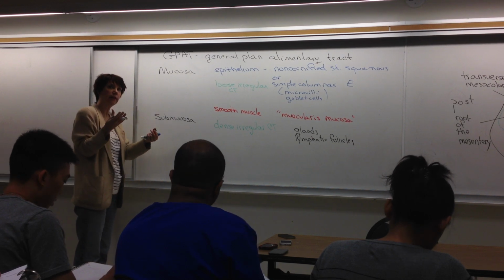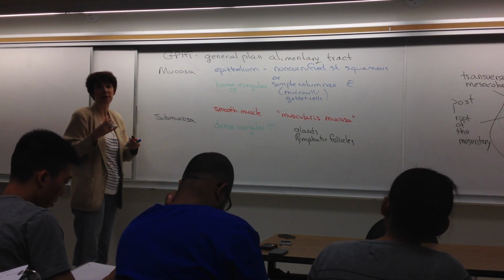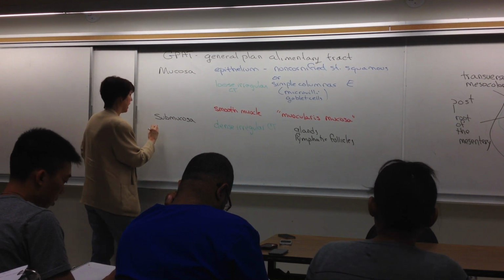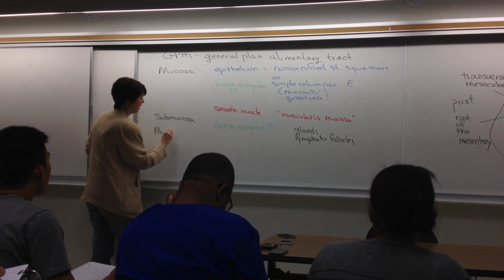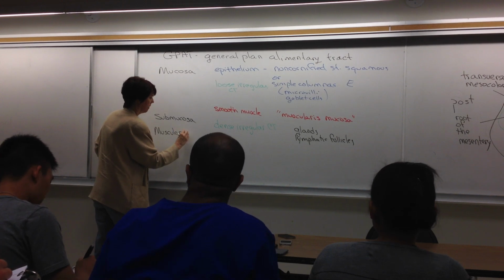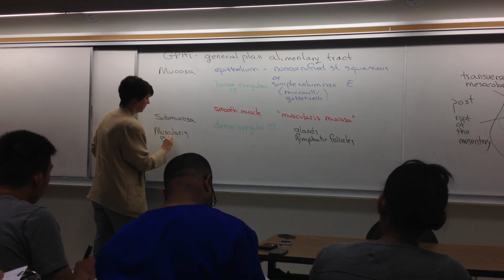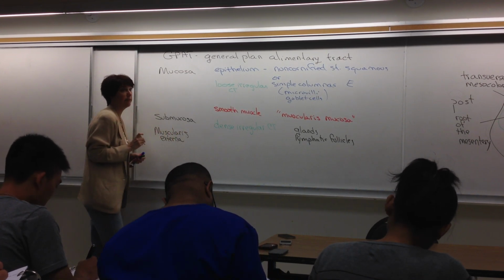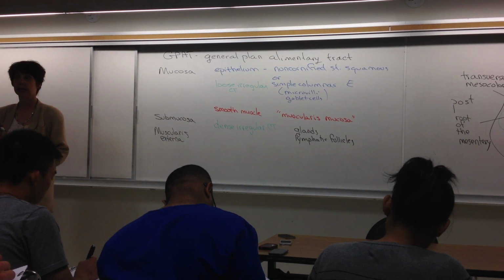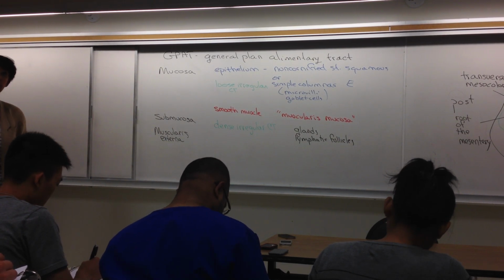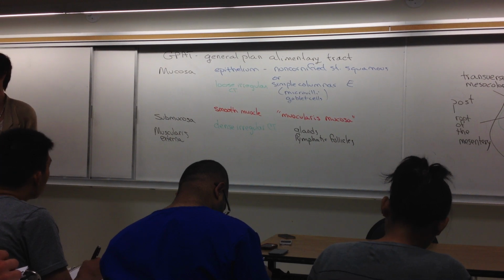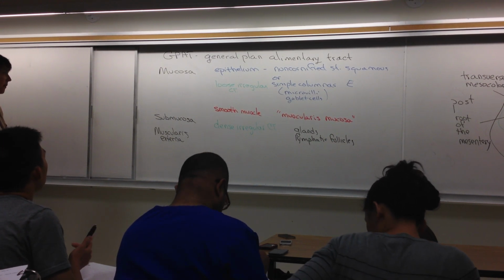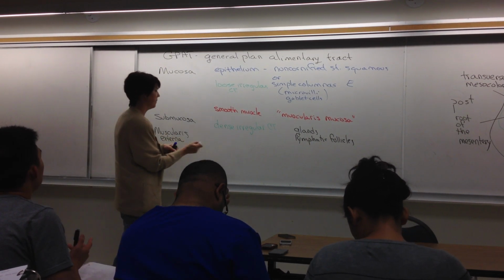Then we have the smooth muscle that helps for peristalsis. And that's known as the muscularis externa. Your lab manual just calls it muscularis, but I would like you to add the term externa to it to differentiate it from the muscularis mucosa. Again, this is smooth muscle.